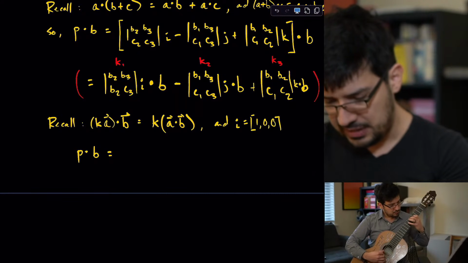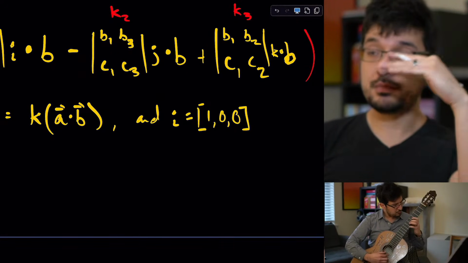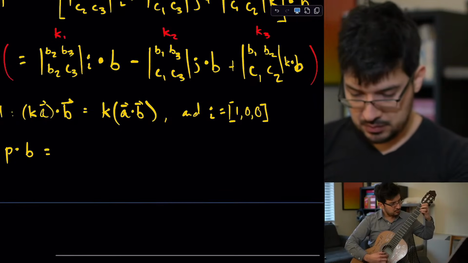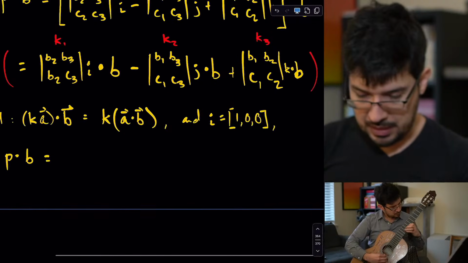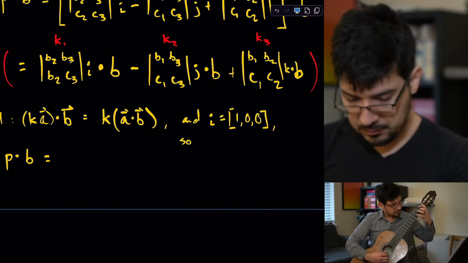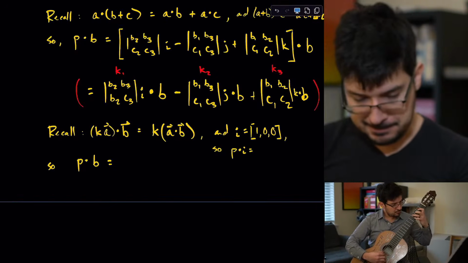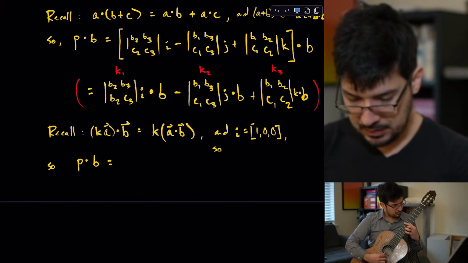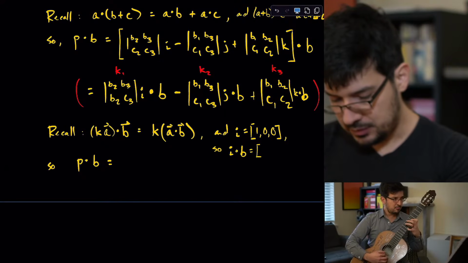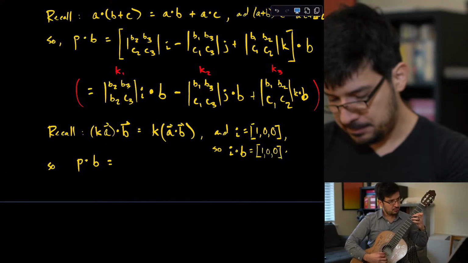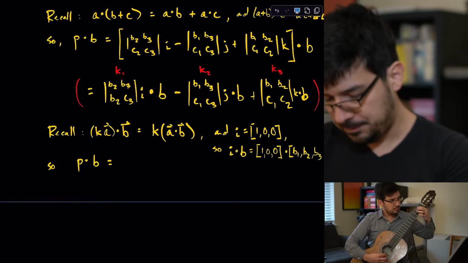Well, we use I in three-dimensional space to mean the unit vector in the first coordinate. So, I dot B is 1, 0, 0 dot product with B1, B2, B3.